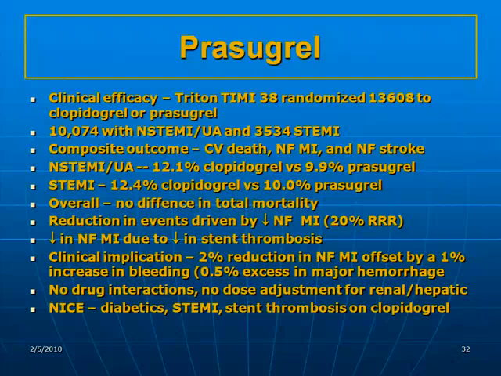The National Institute for Clinical Excellence, which is out of the United Kingdom, which does very good work in terms of evaluating new drugs, concluded there are 3 indications for Prasugrel. One is for STEMI patients, where you need that rapid antiplatelet effect that occurs at 1 hour, 80% inhibition, clearly better than clopidogrel there.